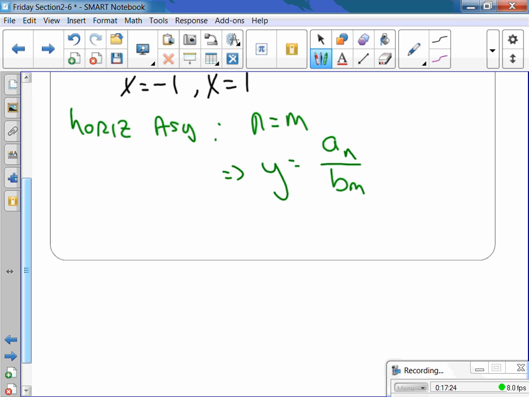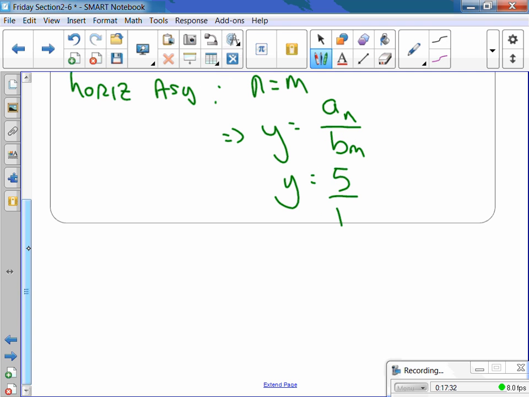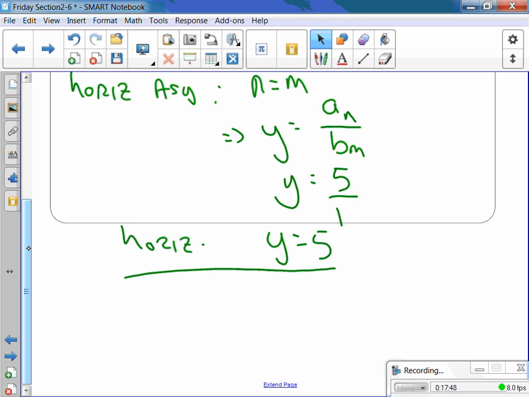Denominator? 1. So I wind up with y equals 5 as my horizontal asymptote. X equals negative 1 and x equals 1 as our verticals. So we have those 3 asymptotes. Exciting. I can tell.